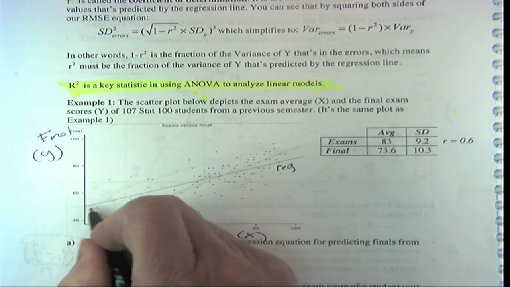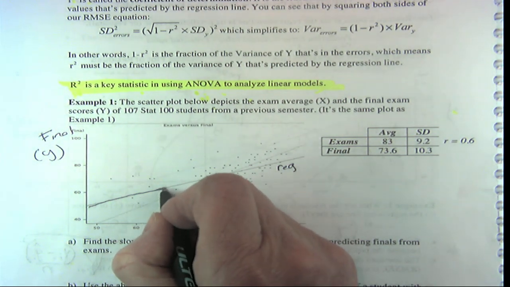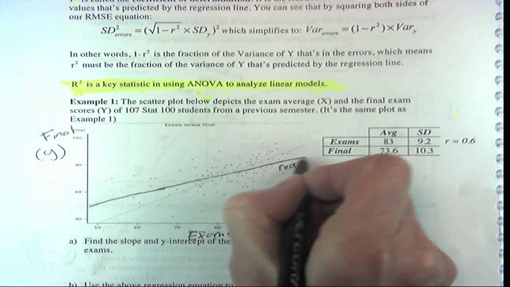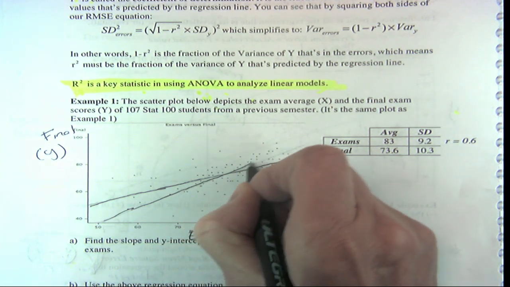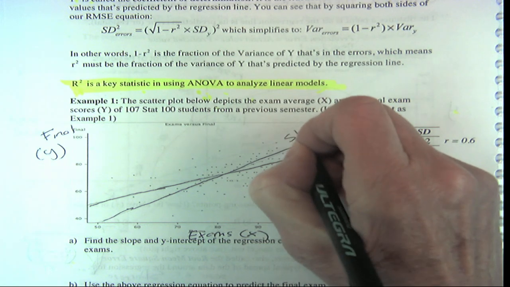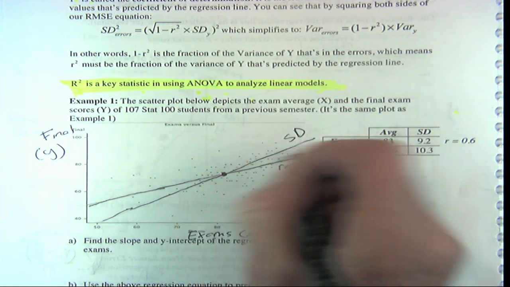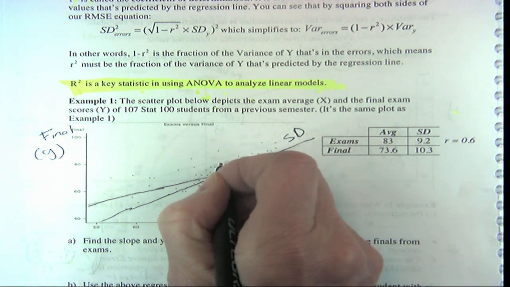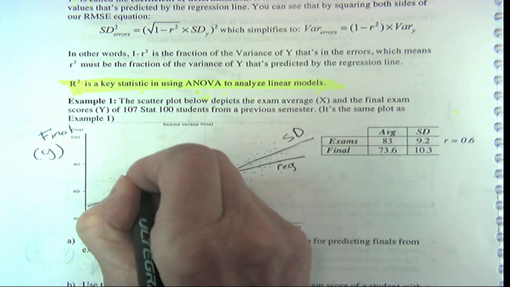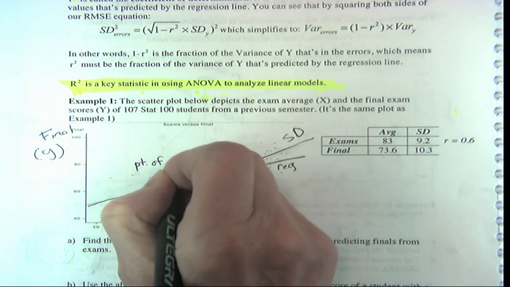So this right here is the regression line. And do you see this line here? Remember the steeper line? That is the standard deviation line. And right here, this point is what? That's the point of averages. That's where they cross.